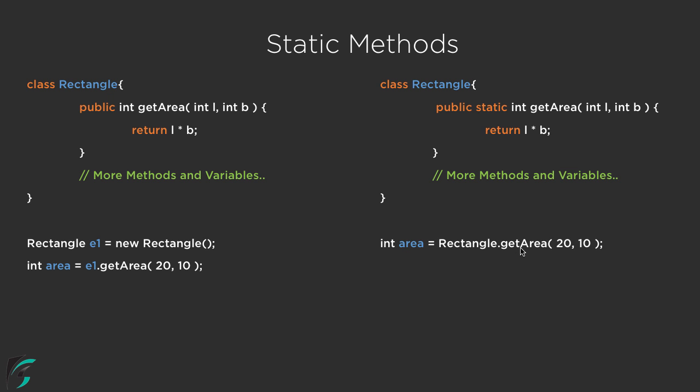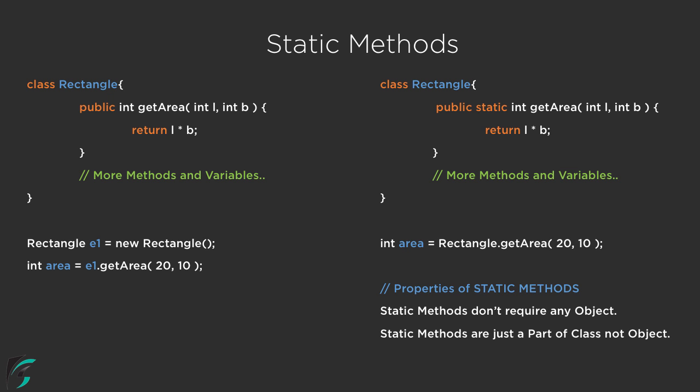So this method will simply return the area of the rectangle. Here if you notice, we did not create any objects to access the method. We just used the class name. Now let us come to the properties of the static methods. The static methods do not require any object to get accessed. And the static methods are just a part of the class, not the object.